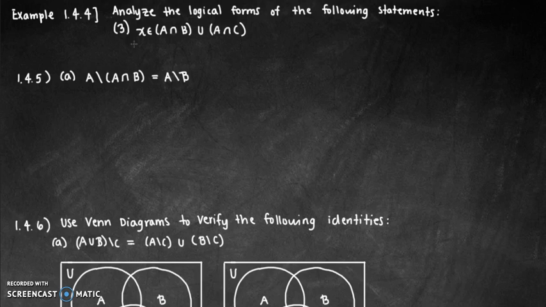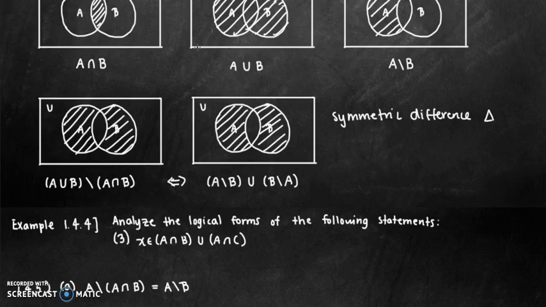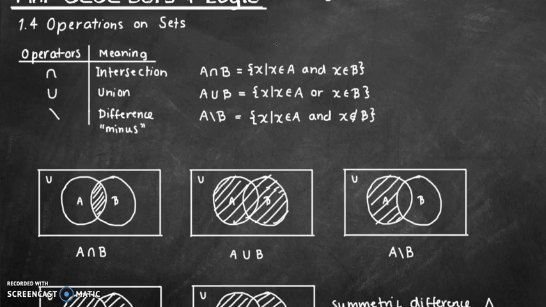What they want you to do when they say this specific direction, it means that you need to show what it means for X to be an element of the union of A intersection B and A intersection C. And we need to refer back to our set notation at the beginning, this right here, and then use it in our problem.